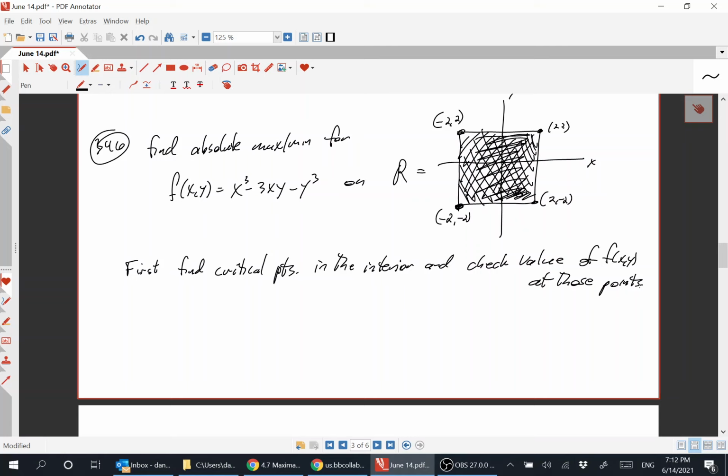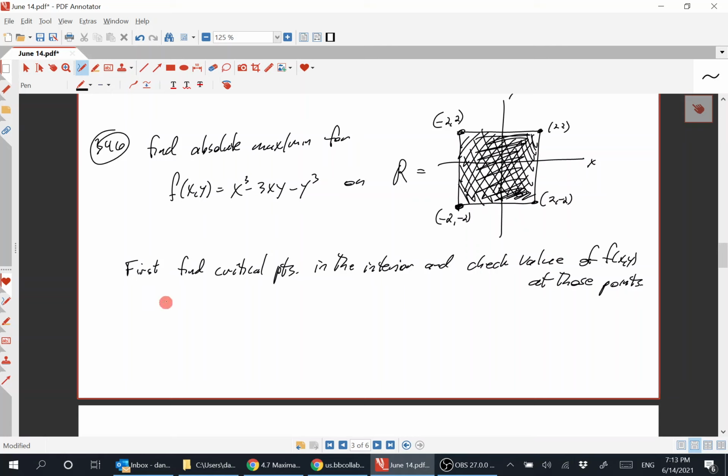I mean, if you're going to have a maximum or minimum at those critical points in the interior, they're going to have to be a local maximum or minimum. But determining the difference between local maximum, minimum, and saddle point is unnecessary, right? Because you can only have finitely many points to check. Well, ideally, you should only have finitely many points to check here.